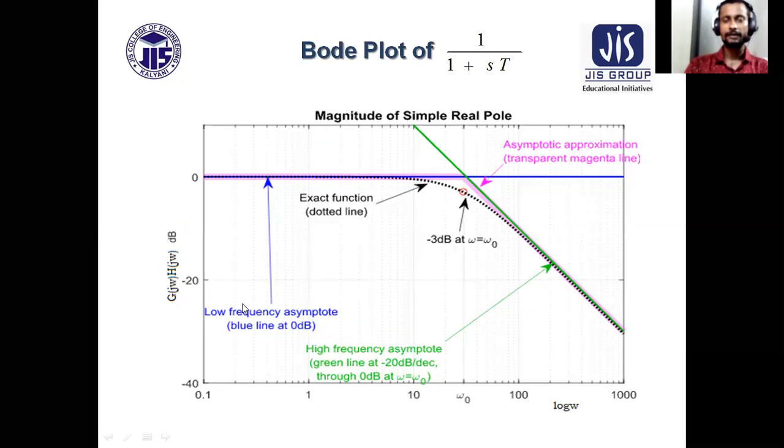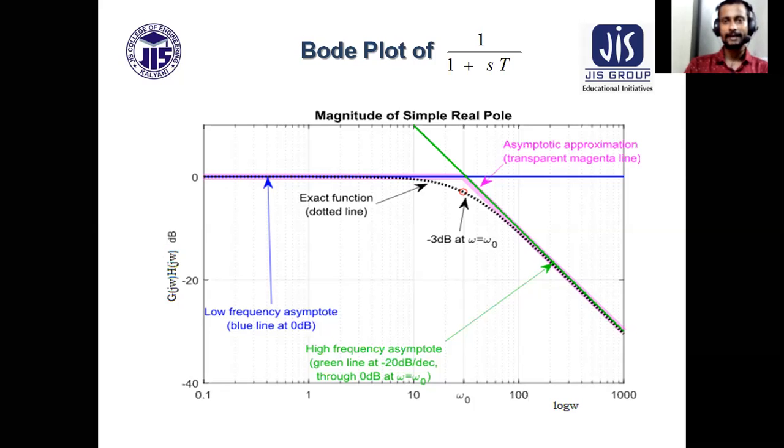Okay, so let me summarize what we discussed today. First, we discussed how to get magnitude plot for 1 by 1 plus st term, that is simple pole term, and what the corner frequency is. How to get magnitude plot for simple 0 term, and what the corner frequency is in that case. In all the cases, corner frequency is omega equals to 1 by t.